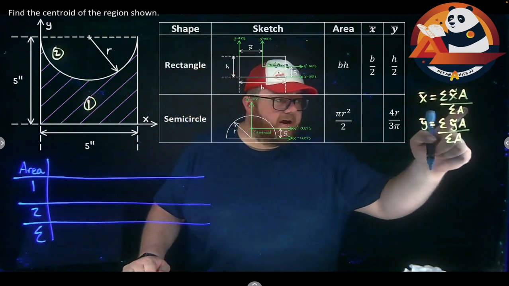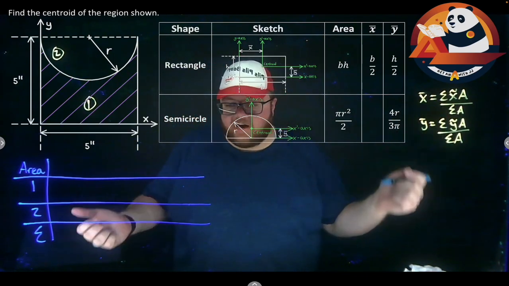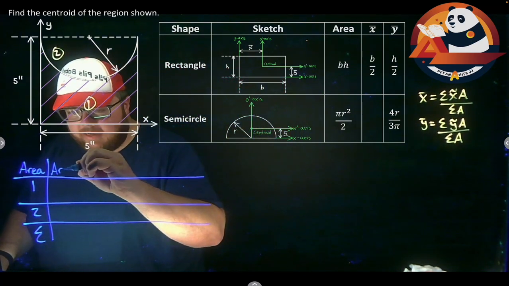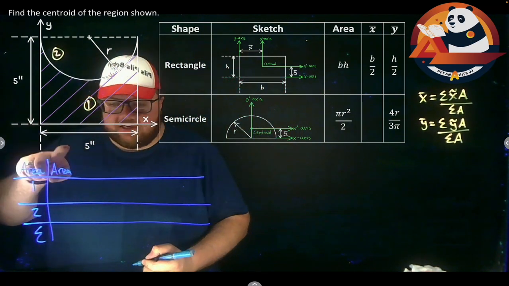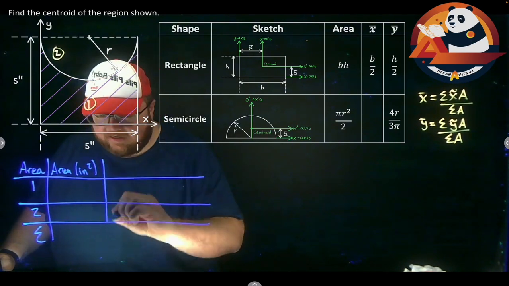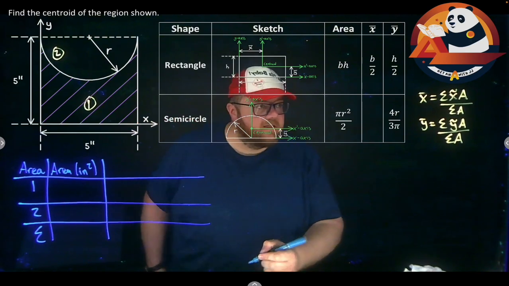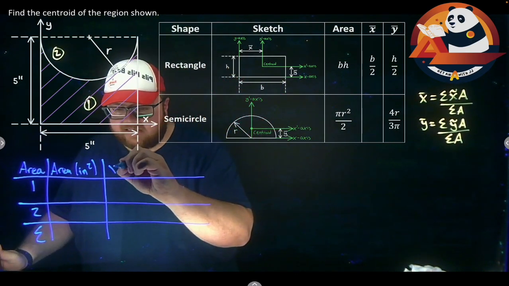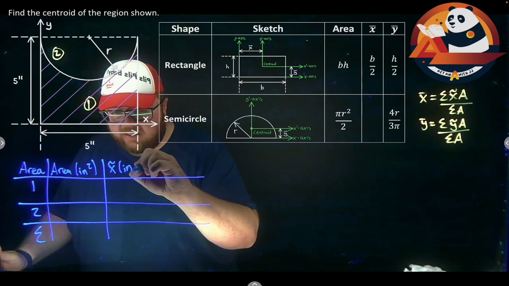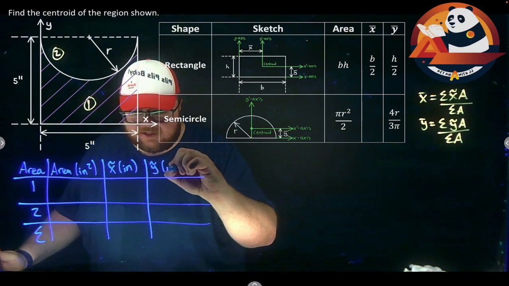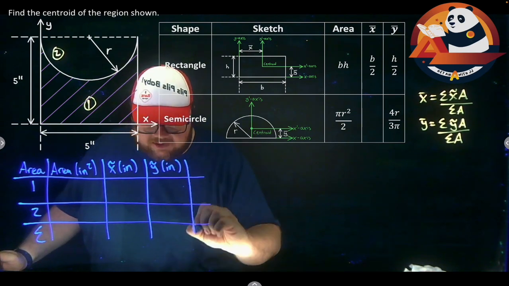Every variable should have a column in here, so an area column. I'm in inches for my units, so I should be in square inches. Then I have x tilde and y tilde, so let's get a column for each of those, x tilde in inches and y tilde also in inches.